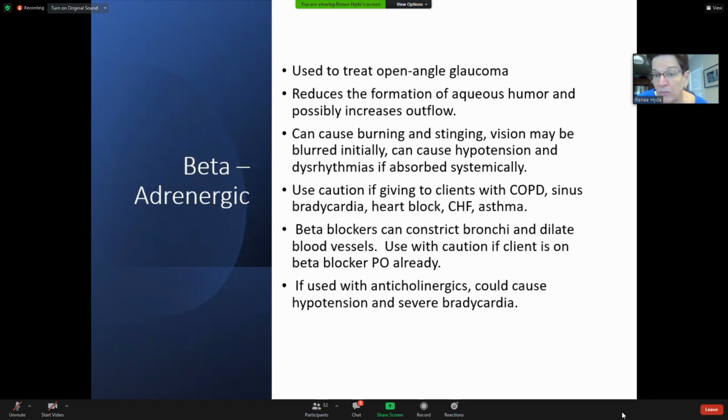That vision can be blurred. Now, this is a key point, guys. They can cause hypotension and dysrhythmias if they're absorbed systemically. So we are going to use these with caution in patients with COPD, sinus bradycardia, heart block, CHF, and asthma.